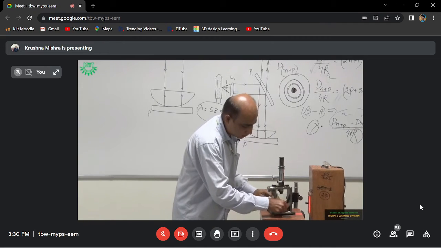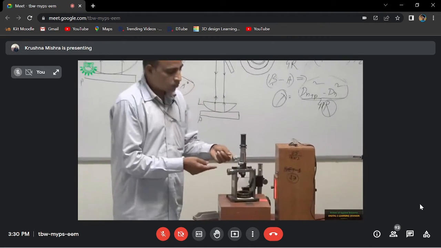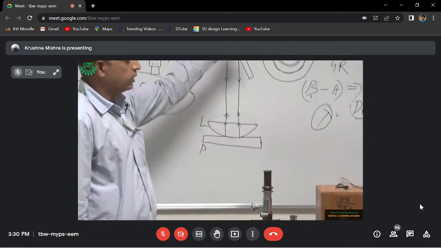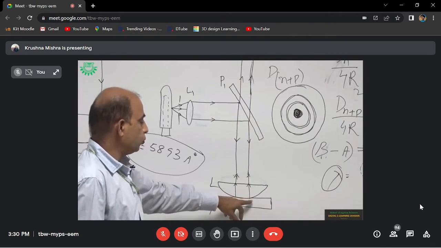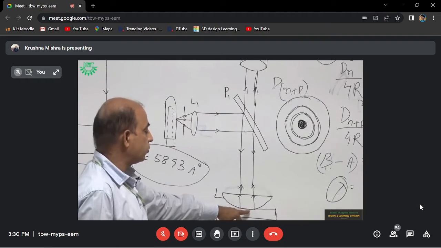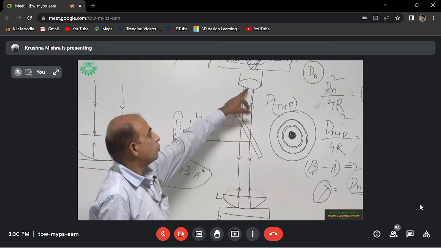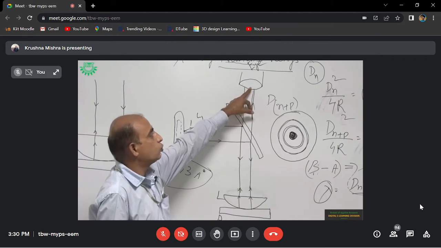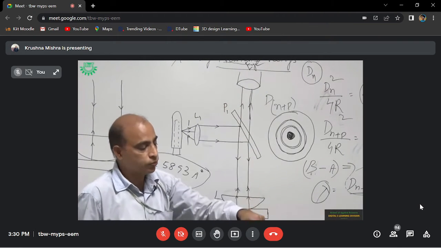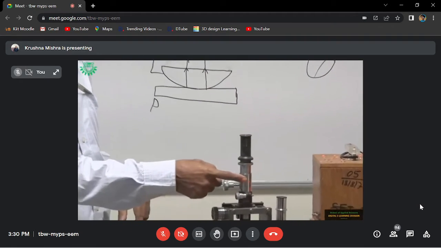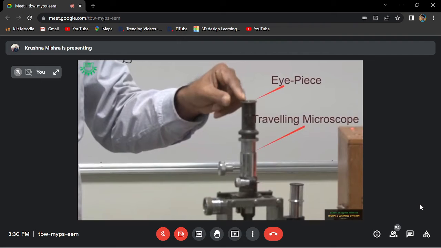This is a stand. Now, after reflection takes place and we produce the interference fringes in the air film, we can observe them through the travelling microscope like this. So this is the travelling microscope with an eyepiece.